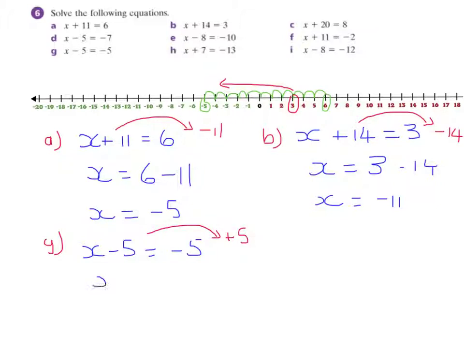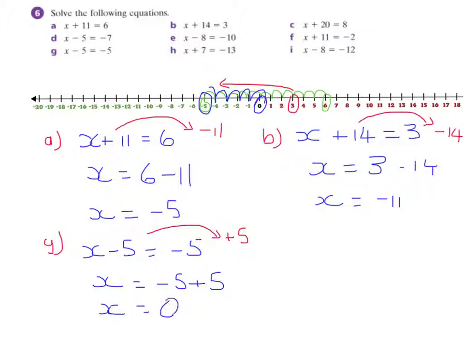So x equals negative 5 plus 5. Now let's think about this. I'm pretty sure that I know what the answer is, but I can use my number line just in case. So I'm going to start at negative 5 and plus 5 to it. 1, 2, 3, 4, 5. And I've got to 0.